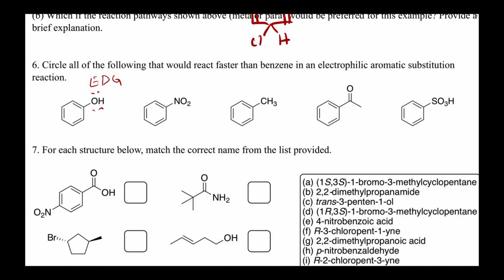Alkyl groups are electron donating groups, so those will be electron donors. Electron withdrawing groups: the nitro group is a strong electron withdrawing group. Anything with a double bond to oxygen or something similar is an electron withdrawing group, okay?